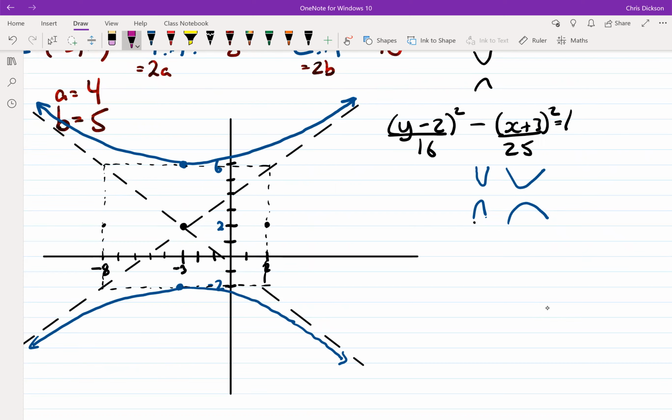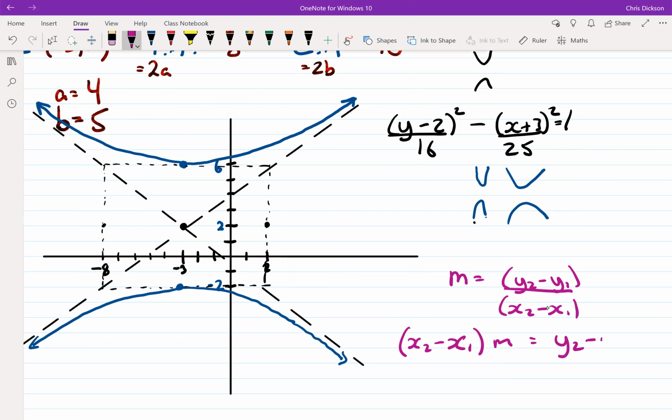So we know that slope is y2 minus y1 over top of x2 minus x1. And the equation I did is I brought the x part over to the left-hand side, and now we get y2 minus y1.